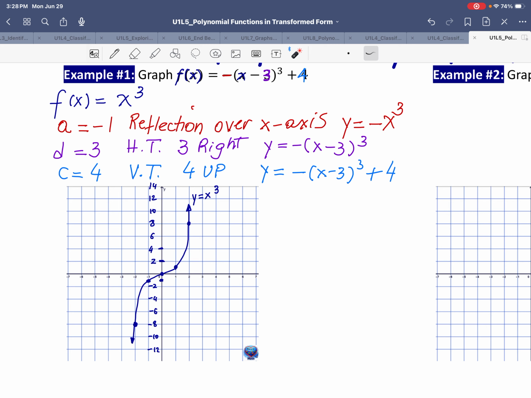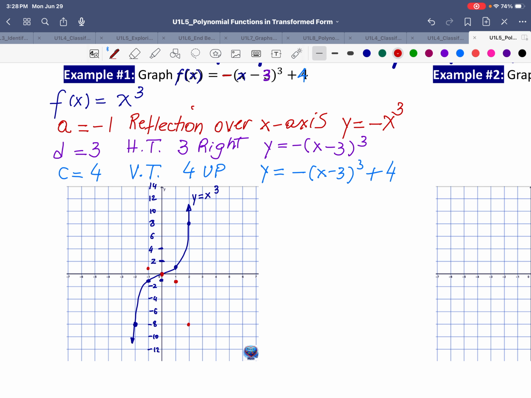As we mentioned before, now the x cubed values, so the y values, are flipped over the x-axis. So 0, 0 has nowhere to go, but this point here will go to the other side of the x-axis. So I'll mark this point. Y equals 8 will go to the other side of the x-axis. Y equals negative 1 will go to the other side of the x-axis.